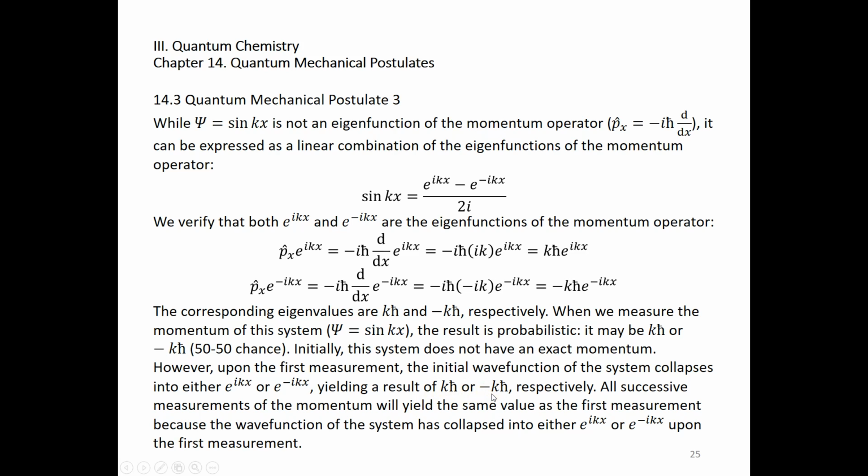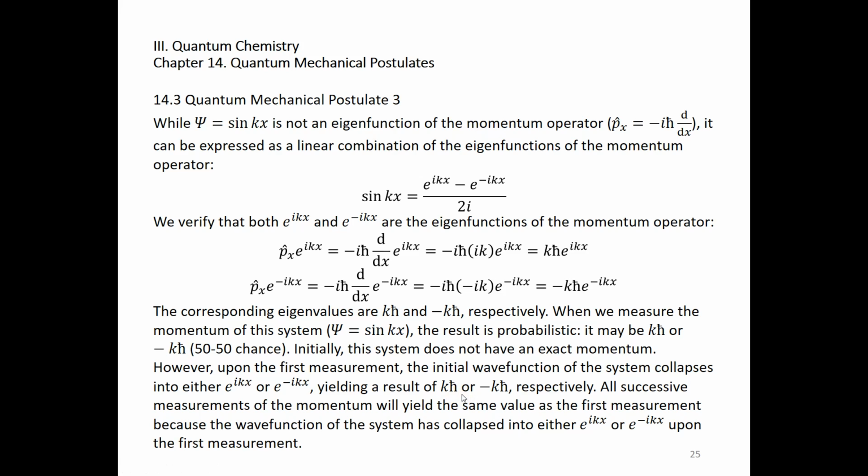If you want to measure the momentum again, and the first measurement is kh bar, that means the system now has a wave function of e to the power of ikx. Then if you measure the momentum again, you get kh bar again. You measure it a third time, kh bar. You keep measuring the momentum of this system. Only the first measurement is probabilistic. It can be plus or minus kh bar.